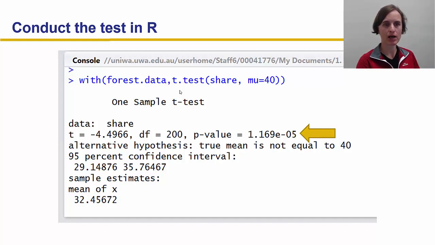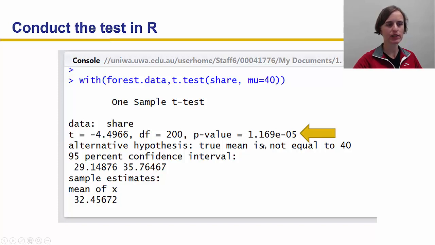So with R, you can just say, we have forest data and we want to do a t-test, where mu is 40. Mu was that mean, the average. So you can see that on this screen. We use the forest data, we undertake a t-test, where the hypothesis is that we have an average of 40. It gives us a t-value of about 4.5, number of degrees of freedom, and a p-value.